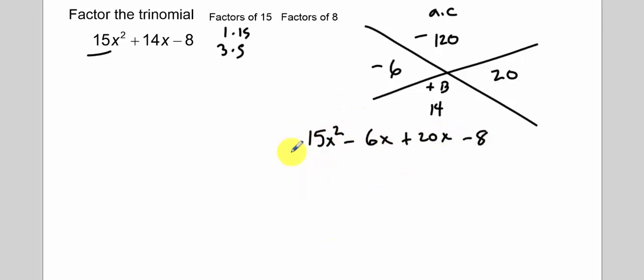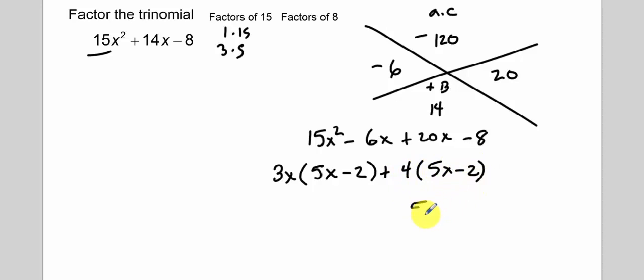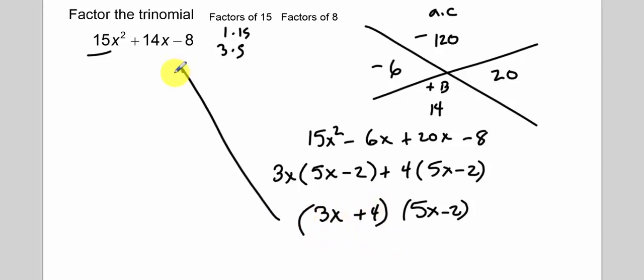I look at the GCF here. 3 goes into both, and an x. So I have a 5x minus 2. And in this case, 4 goes into both. 5x minus 2. The 5x minus 2 is in common, and I'm left with the 3x plus 4. If you check that by FOILing, you'll get exactly that trinomial.